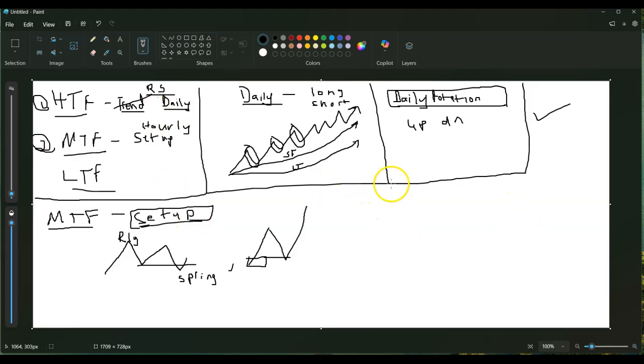Well, the answer to this question is because when you have a daily rotation, right? Let's say moving up. When you have this on the hourly, this rotation looks like this.